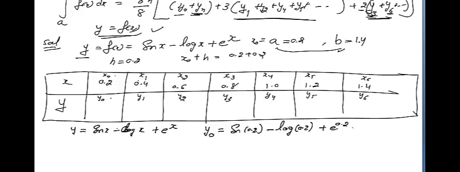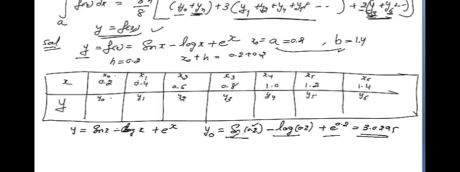Now you can take the help of a calculator and find these values. I have calculated myself, and you can verify with your calculation. You are getting 3.0295. You must take care, because this is in radians.